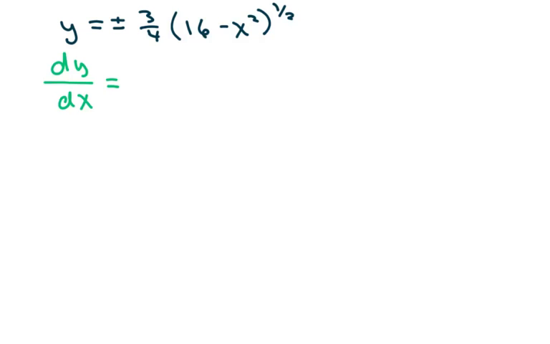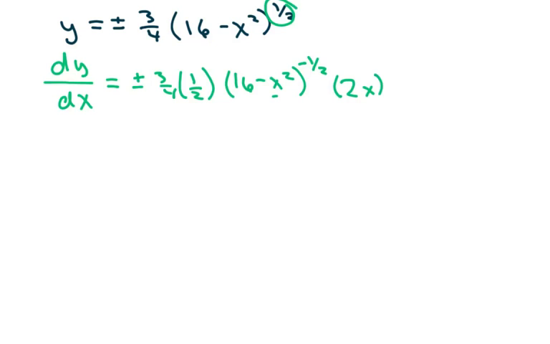So I'm going to use my chain rule and multiply 3/4 times 1/2 times 16 minus x squared, this would be to the negative 1/2. And then you also have to differentiate the inner function, which is negative 2x.